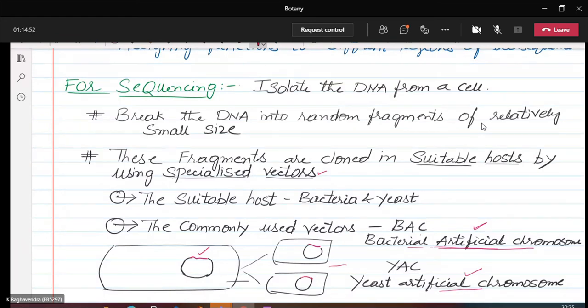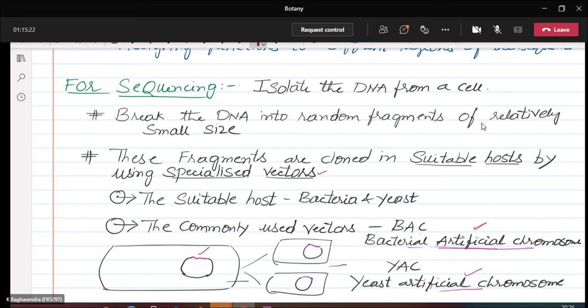So what is the first step in sequencing? Isolate the DNA from a cell.